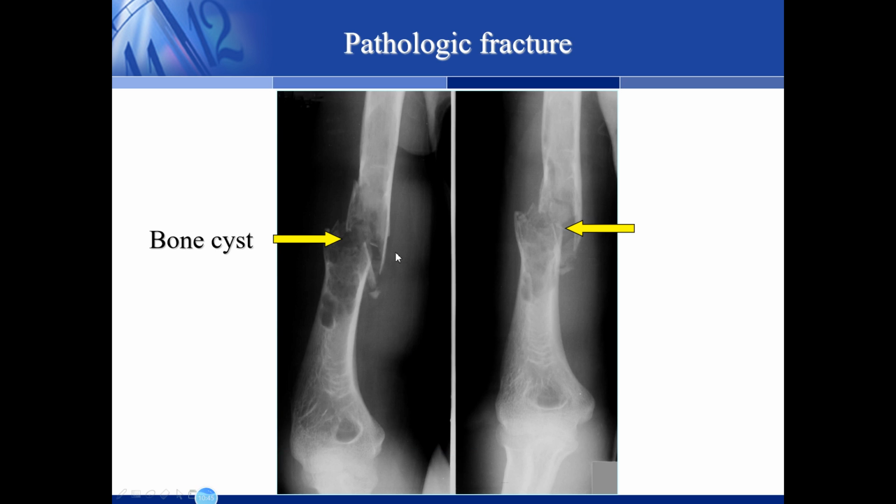This is the bone disease in the mid part of the humerus. First this is the diseased bone, and then maybe the patient had a trauma history, so the fracture will happen easily. So we call it pathologic fracture.